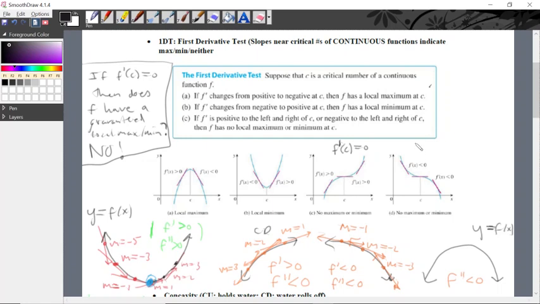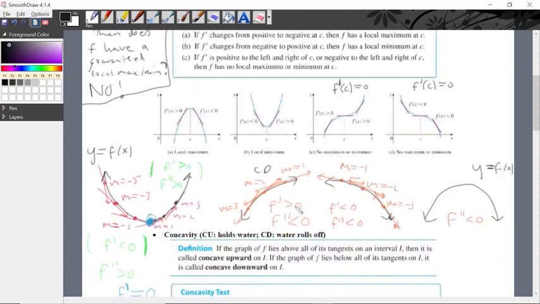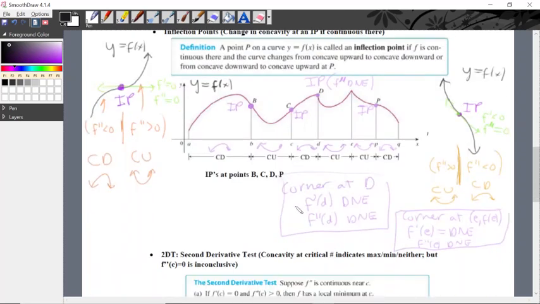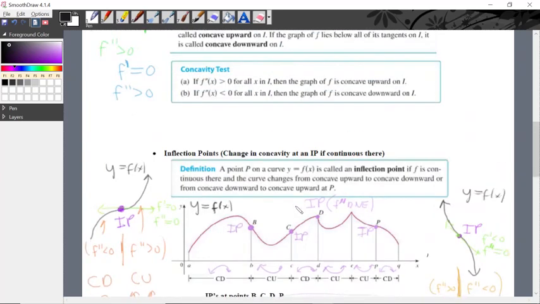And over here, there's another situation where f prime is equal to 0, but we do not have a max or a min. So it is not a guarantee. Just because the derivative is equal to 0, it doesn't guarantee we have the feature. Similar story then for the second derivative.